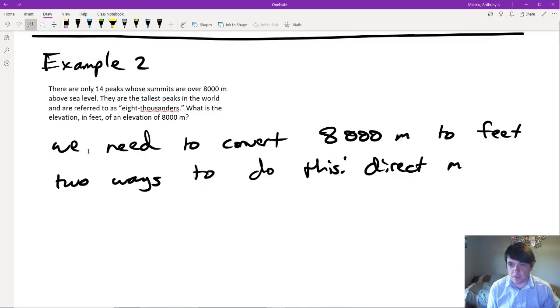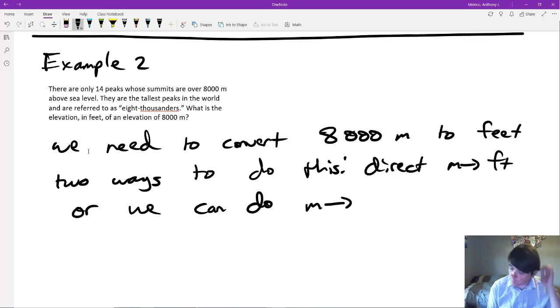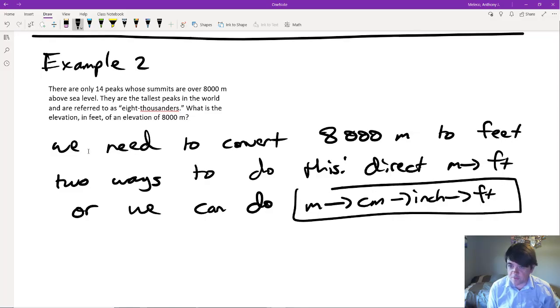There are 2 ways to do this. Direct meter to feet, or we can do meter to centimeter to inches and then to feet. And this is the path I'm going to take for more practice.